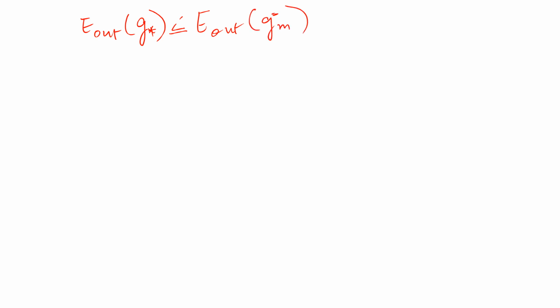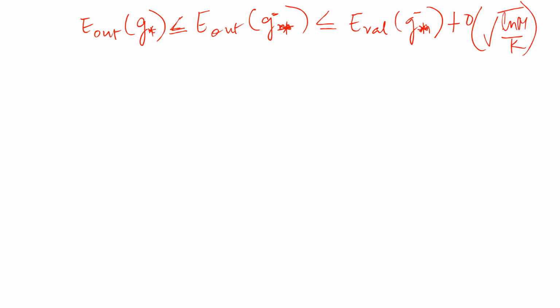Right, so with the same hypothesis, I'm going to evaluate, and I will say that this is the estimate of E out because this relationship exists. E val of G star minus, plus order square root of log of M over K.